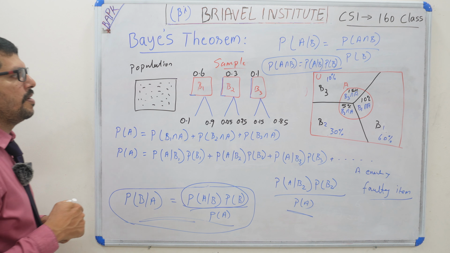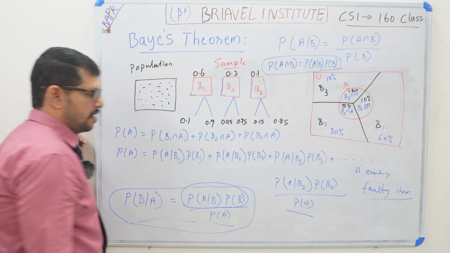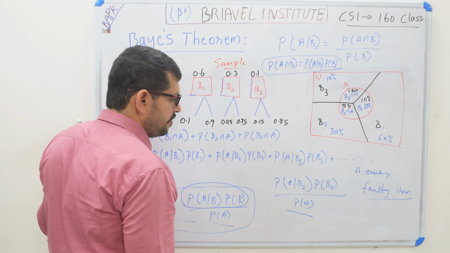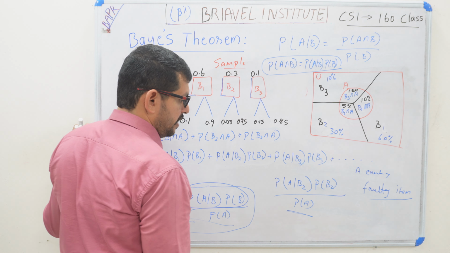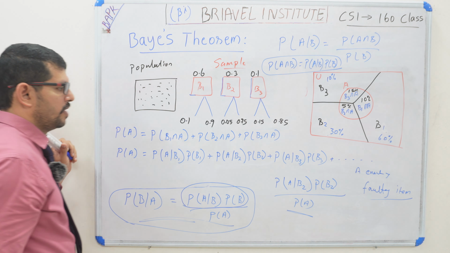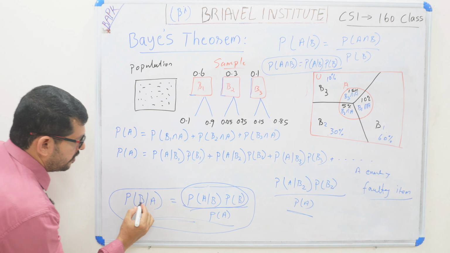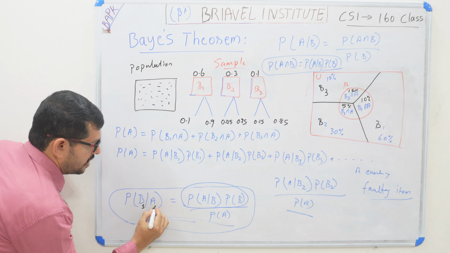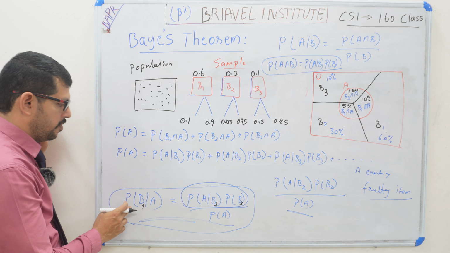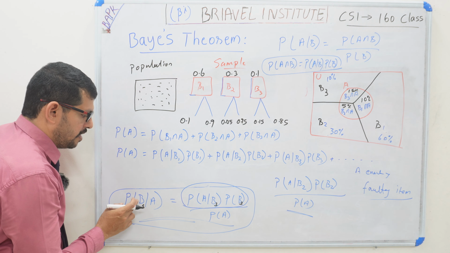Now we are asking what is the probability of a faulty item supplied by B3. The first question asks about faulty items from B3. We have to change the formula for B3 and faulty items A. So our formula becomes probability of B3 given A, where A is a faulty item coming from the manufacturing company B3.